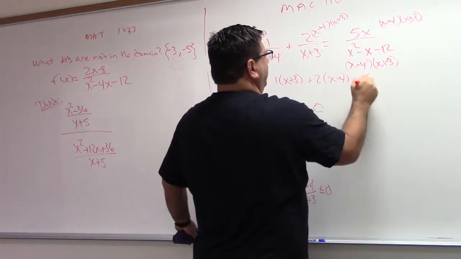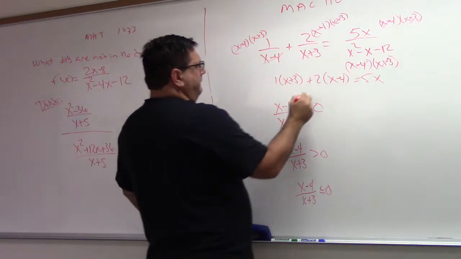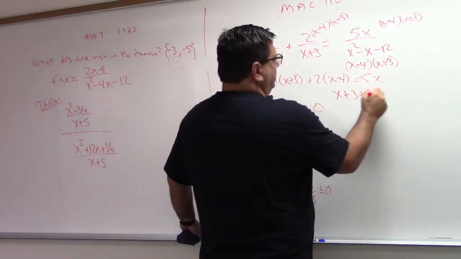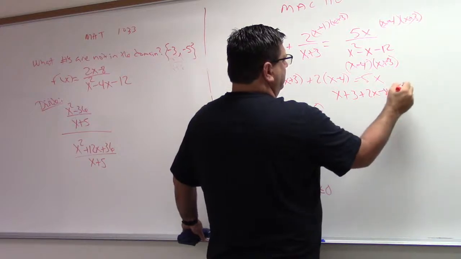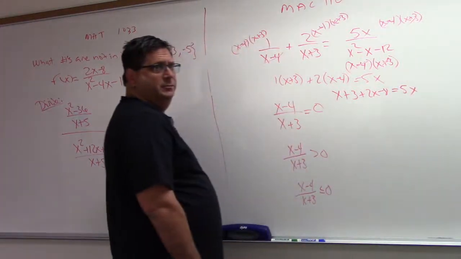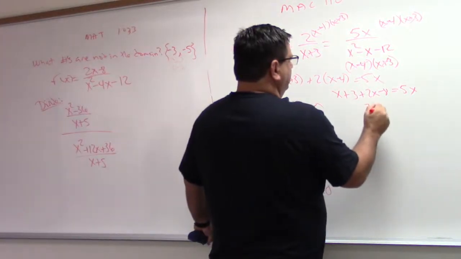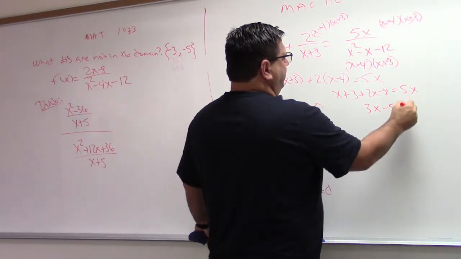This is canceling, you get 5x. x plus 3, 2x minus 8 equals 5x, yes? 3x minus 5 equals 5x.